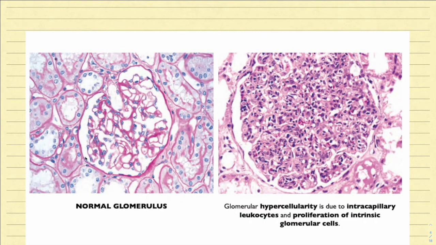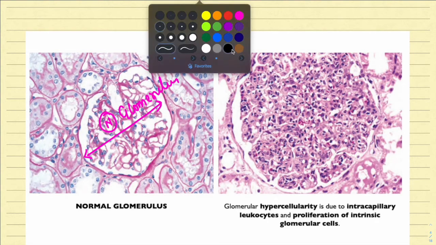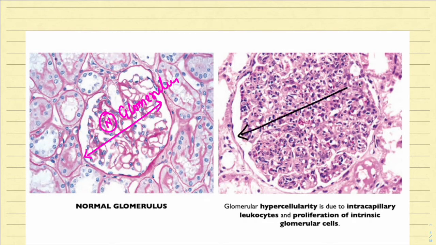So can you look at this particular diagram? Everyone can appreciate this diagram. This is the normal glomerulus, and this is the diseased glomerulus in case of post-streptococcal glomerulonephritis. What we can see is that this glomerulus has been enlarged.